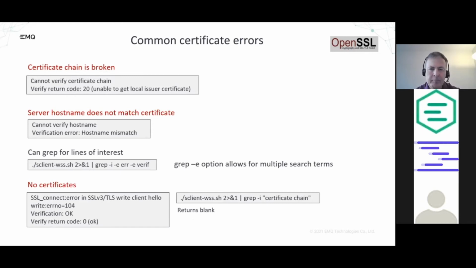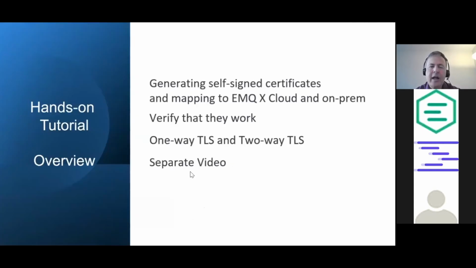So now I'll talk about the hands-on tutorial that's in a separate video that goes through the process of generating the certificates and verifying they work for both one-way and two-way TLS.